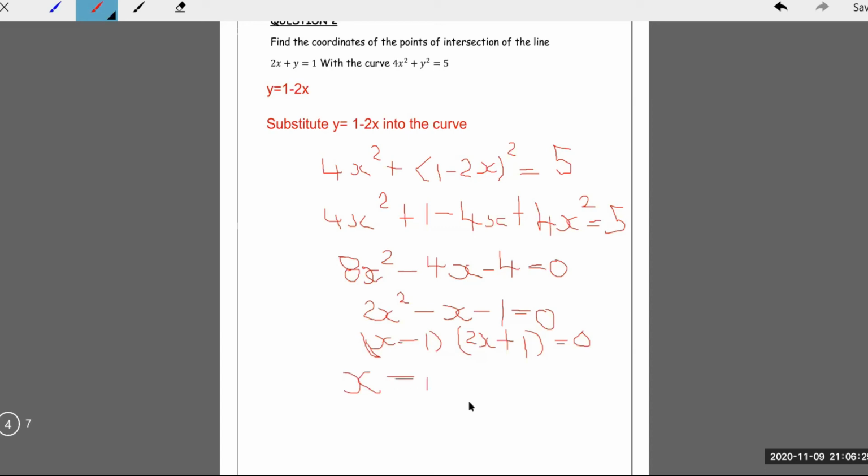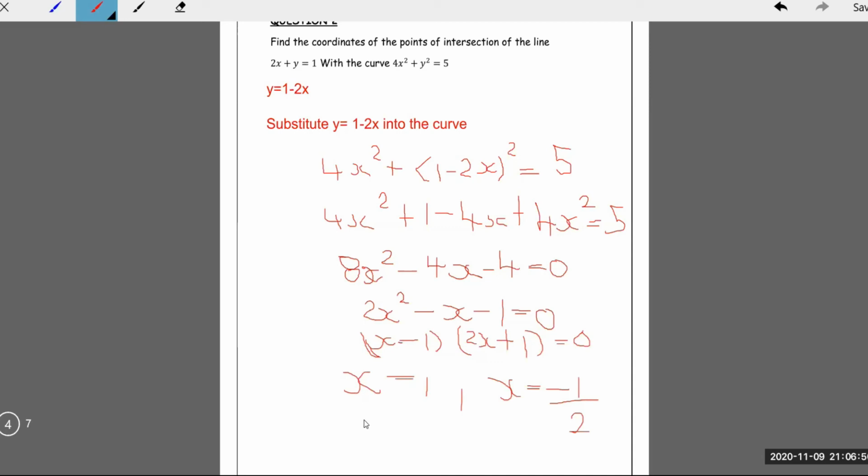That's one possible solution. And the other possible solution is x is equal to negative a half. Now, if x is equal to 1, what is that telling us about y? Well, since x is equal to 1, if we substitute 1 back into the function for y, we're going to say 1 minus 2 times 1.